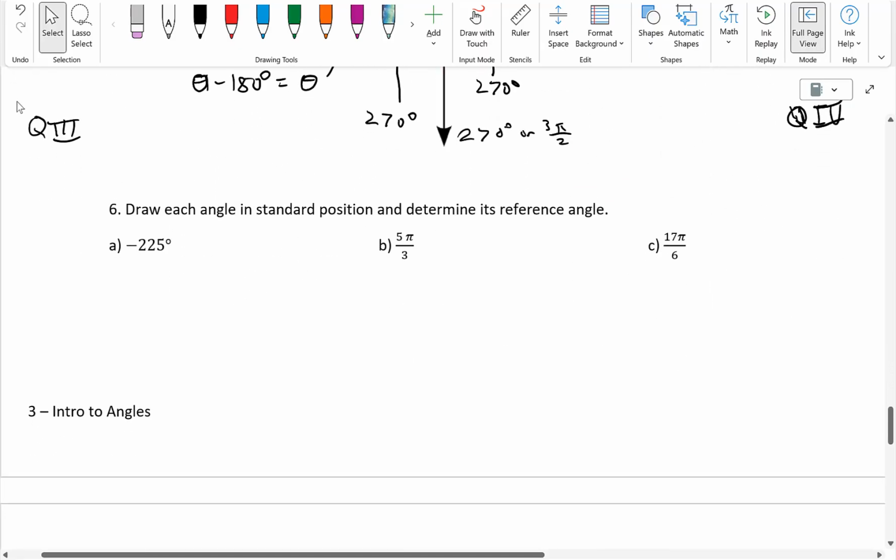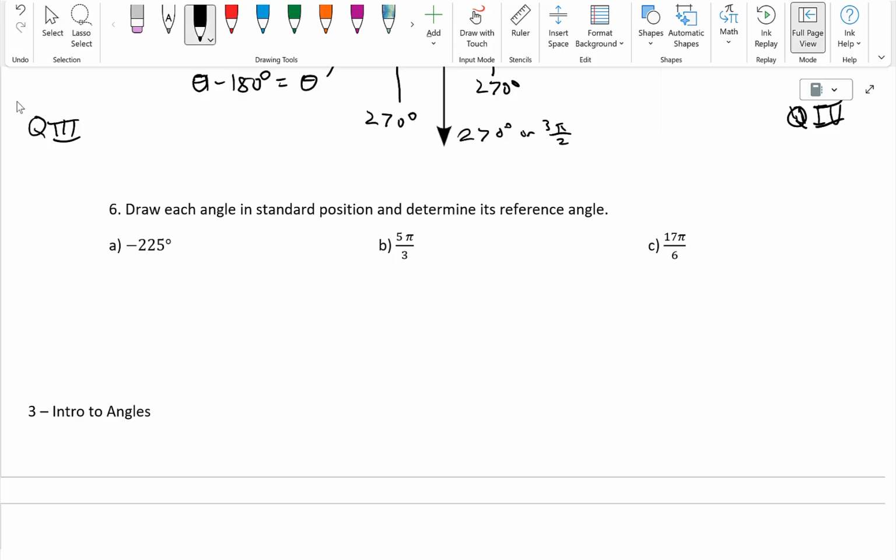Draw each angle in standard position and determine its reference angle. And I gave some weirder ones here, I hope, but we'll just think about where they live and what that little leftover bit is. So negative 225 degrees takes us past that negative 180 degrees we drew for a problem earlier and into quadrant 2 over here. Really, it's going to be exactly halfway through.